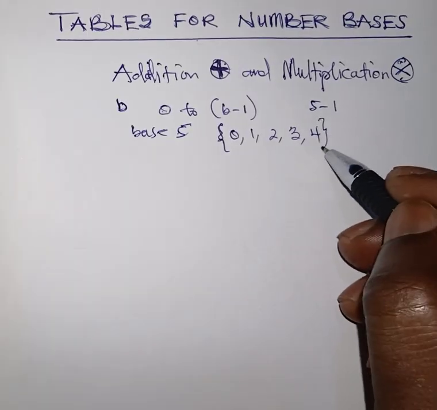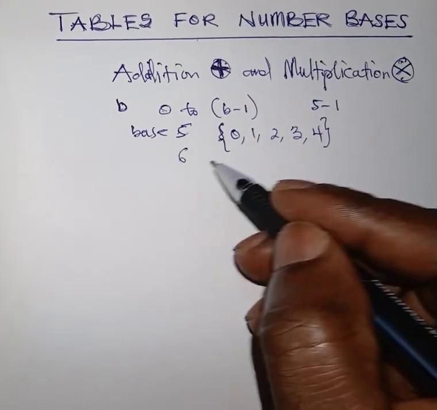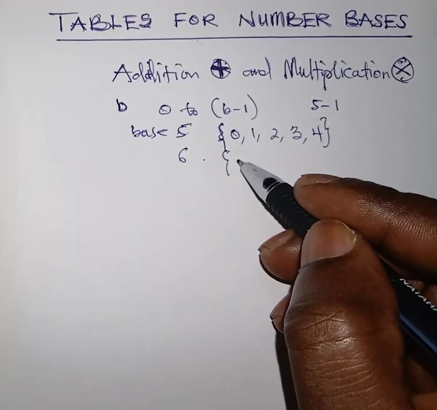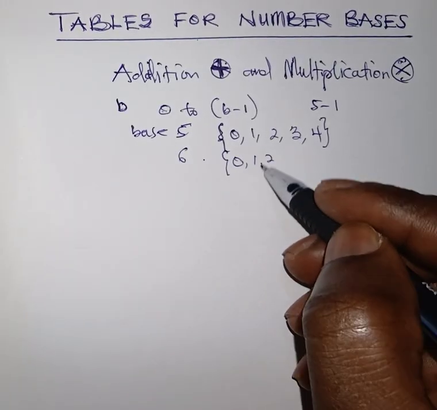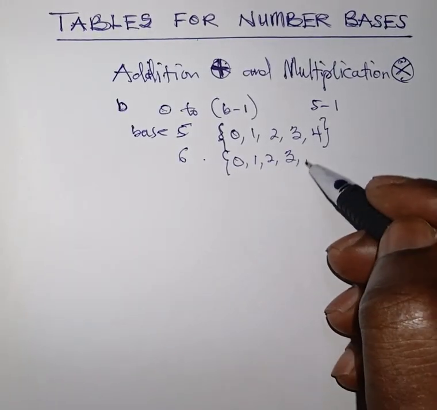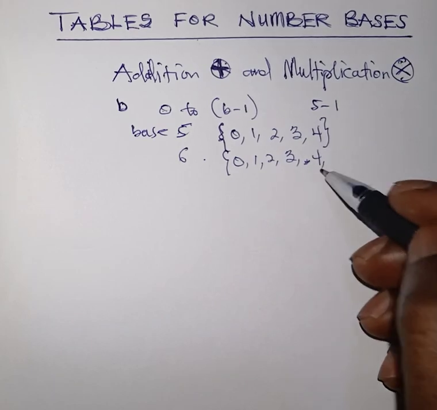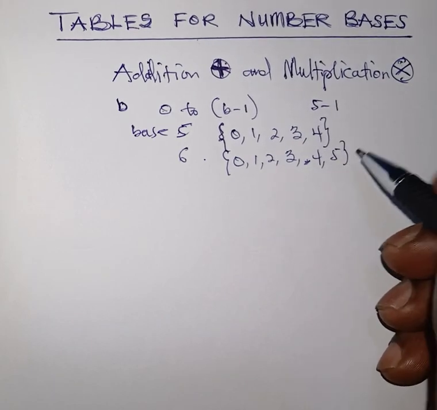So that is where you end here. If you are given base 6, what are you going to write? You write 0, 1, 2, 3, 4, 5. Have you gotten that?